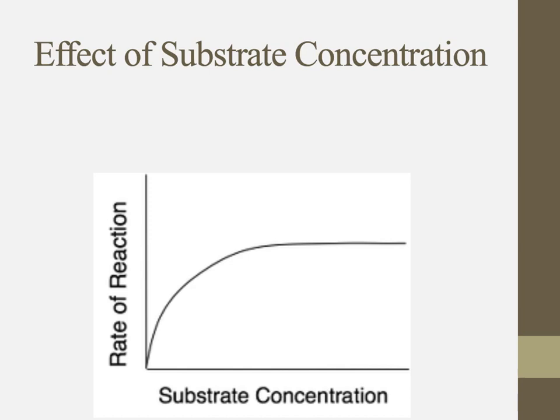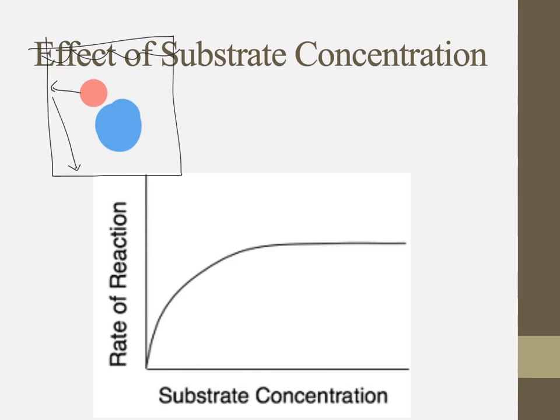This plots the effect of substrate concentration on enzyme activity. Let's say that this is my enzyme and this is my substrate. If I have this substrate in solution with my enzyme, this molecule may have to bounce around for a while before it bounces directly onto the enzyme's active site.